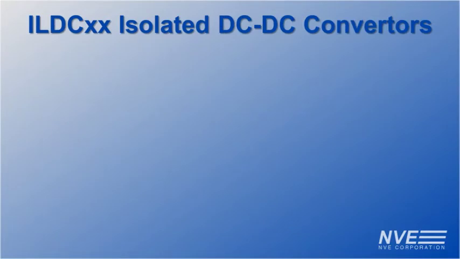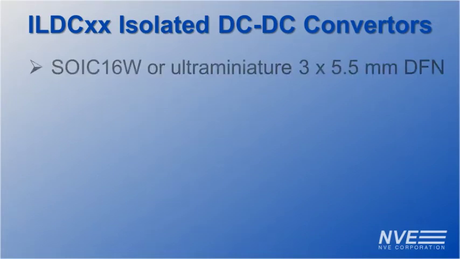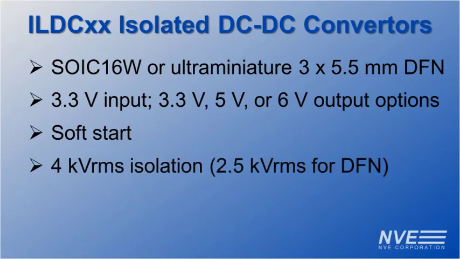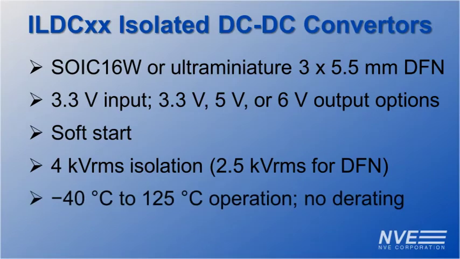Key ILDC series DC to DC converter specifications are a DFN6 package, that's the world's smallest isolated DC to DC converter, various output voltages. We use the 6 volt version in this demo, soft start so the controller can start before the high side is energized, fully isolated, and the full industrial temperature range.